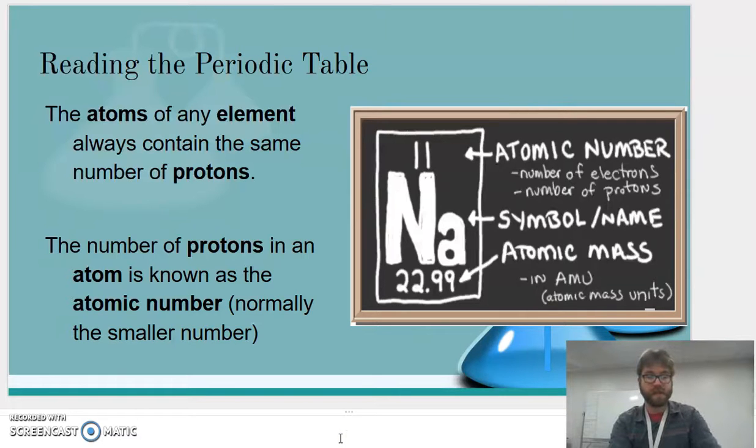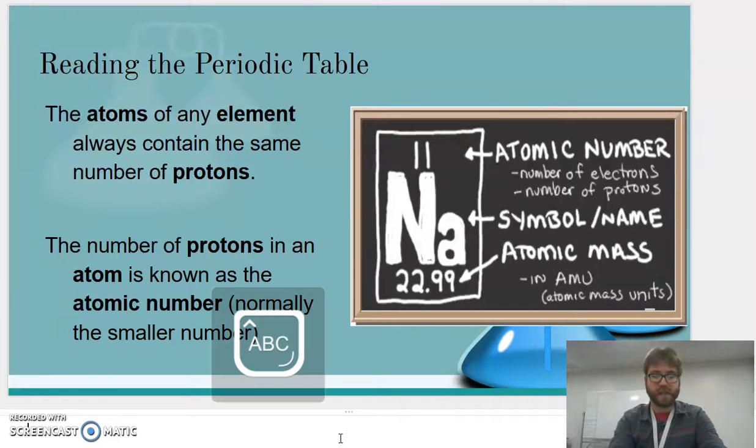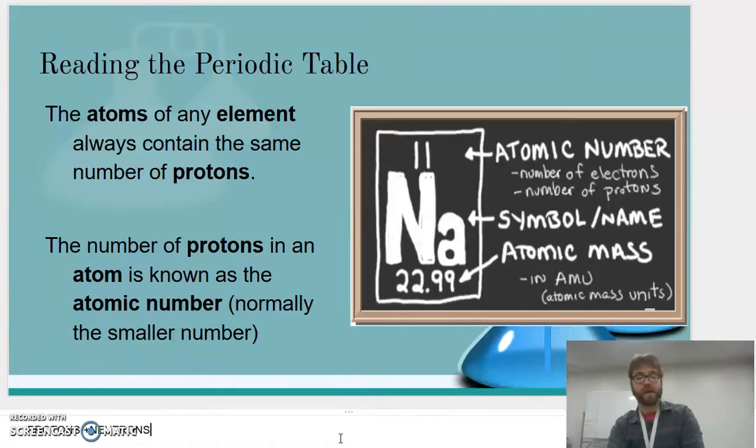protons. Here, let me write it down here on the bottom for you. It's equal to protons plus neutrons. That's equal to your mass number. So if I have a mass number, I'm able to figure out how many neutrons we have. For example, here we have about 23 as our mass number.